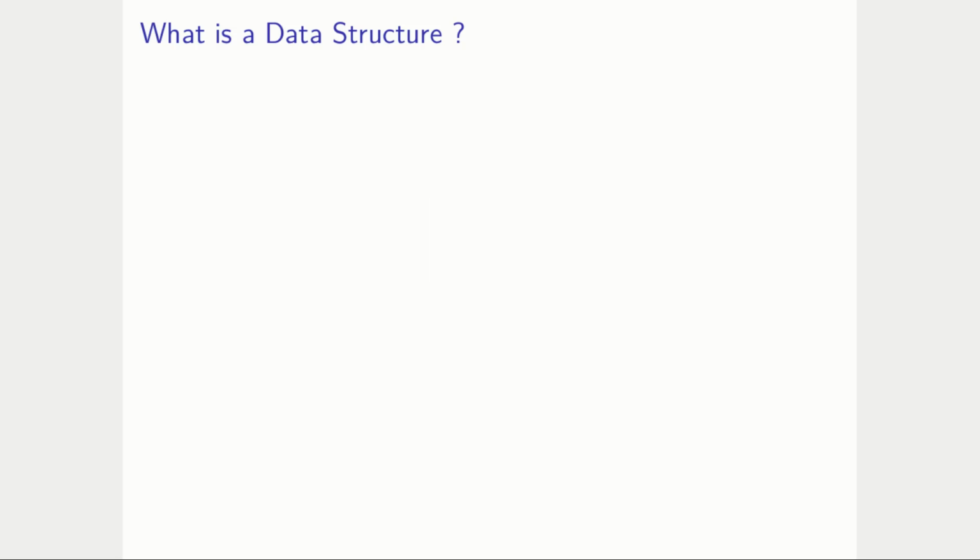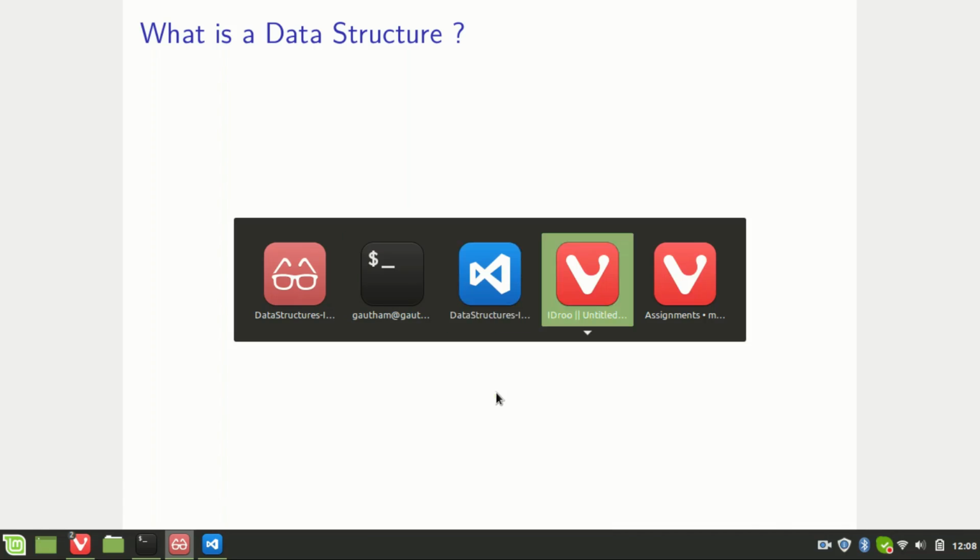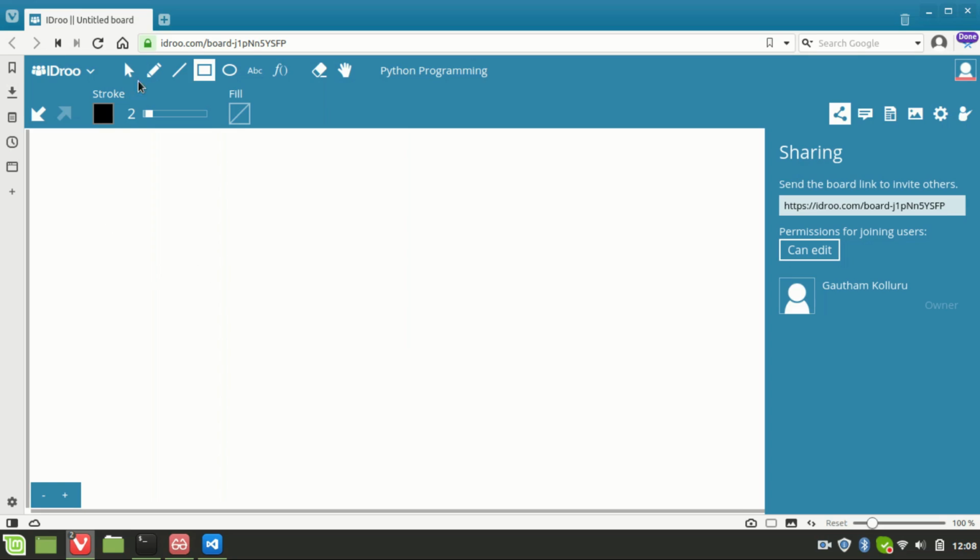So, what is a data structure? A data structure is nothing but a collection of data. For example, let us say you have a variable a, and this variable alone is referring to a collection of values.